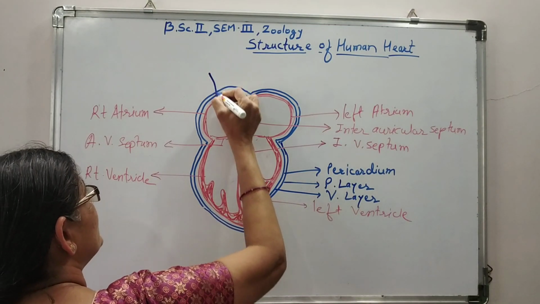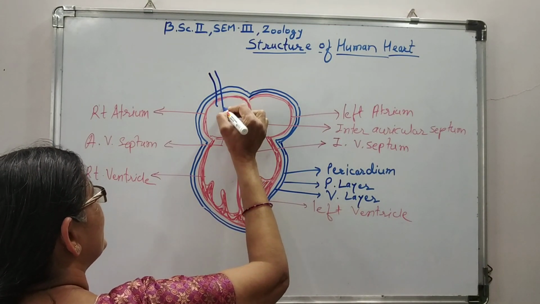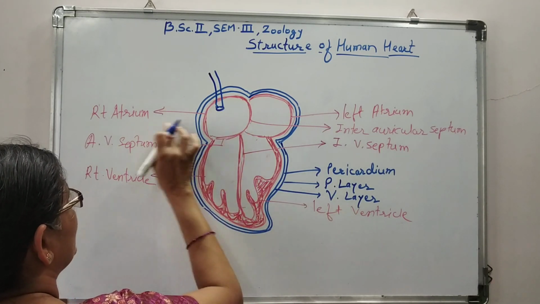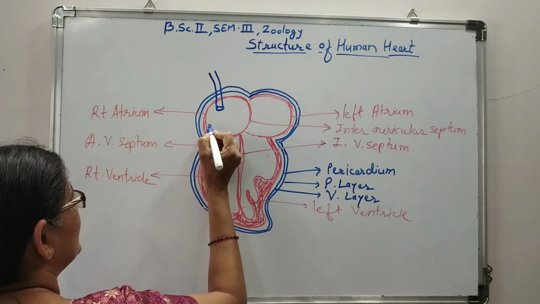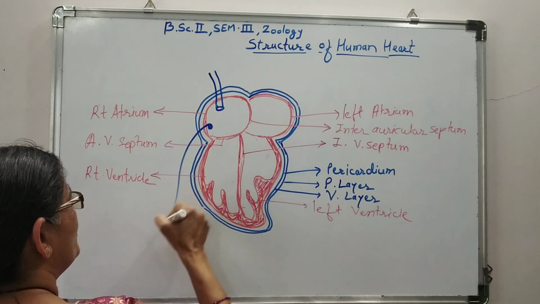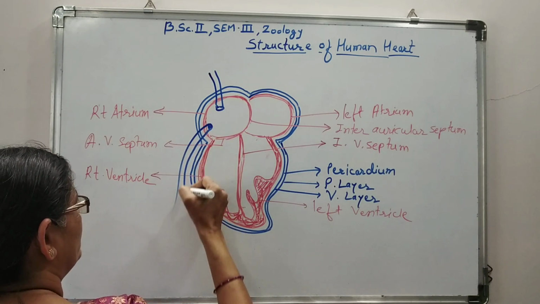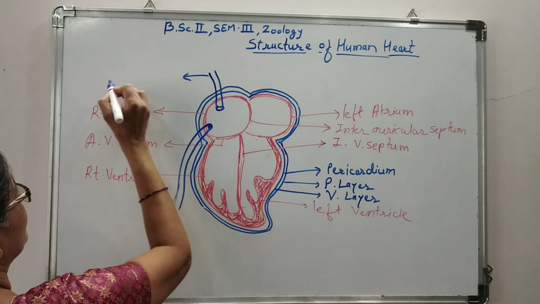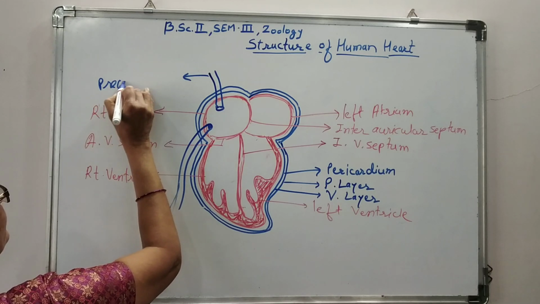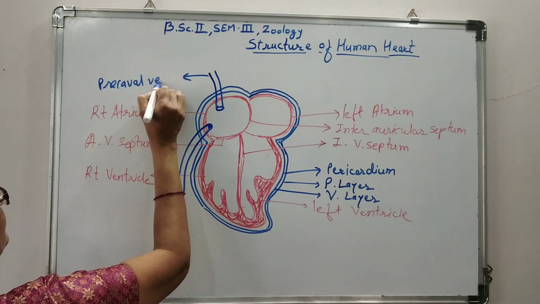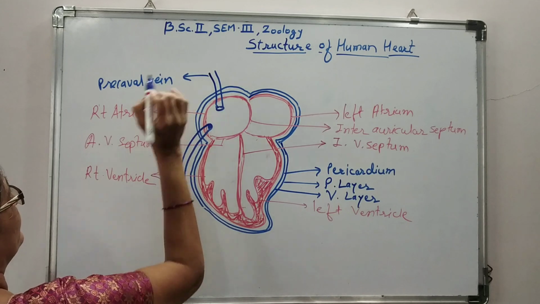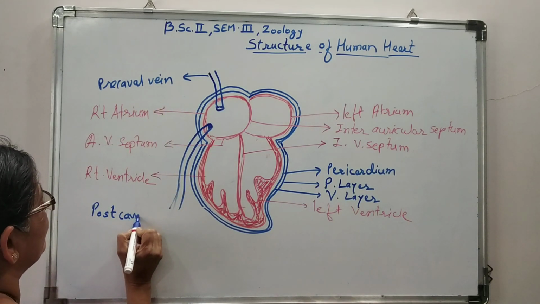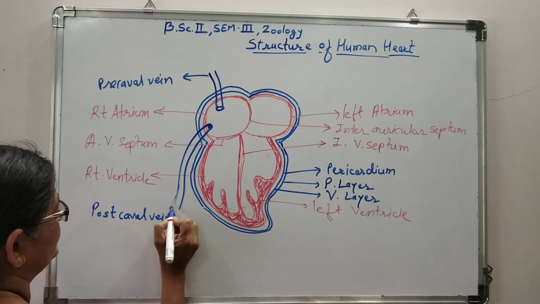The first one is the precaval vein. It opens in this right auricle, and another is the postcaval vein.